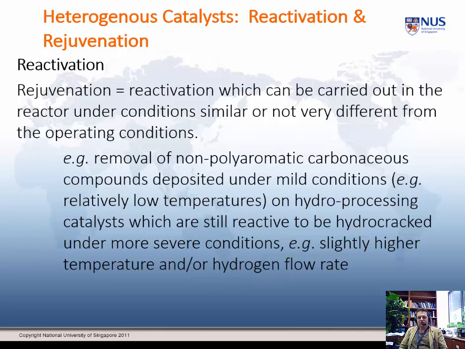Now, rejuvenation is reactivation that can be carried out in the reactor in conditions which are pretty similar to their operating conditions.